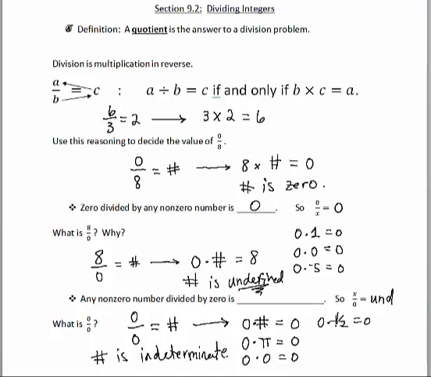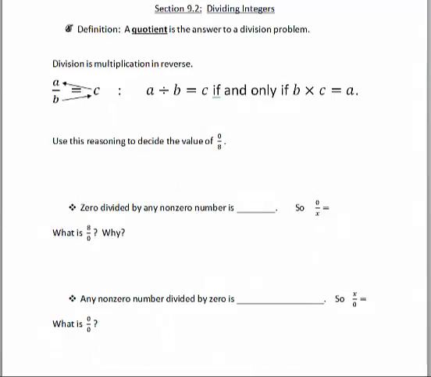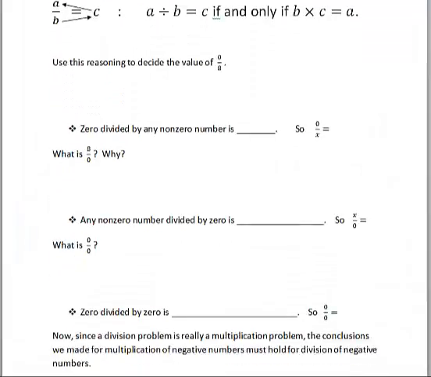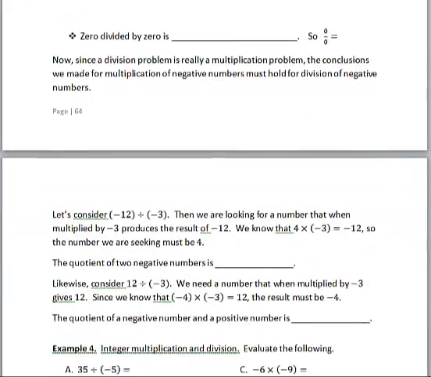It could be any of these numbers. So to finish that page, 0 divided by 0 is indeterminate.